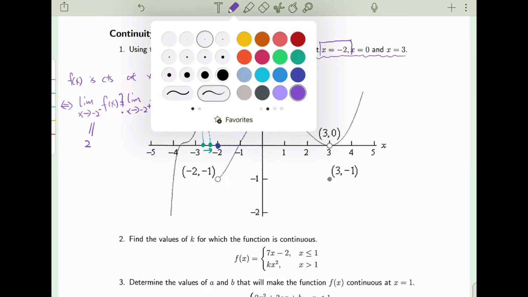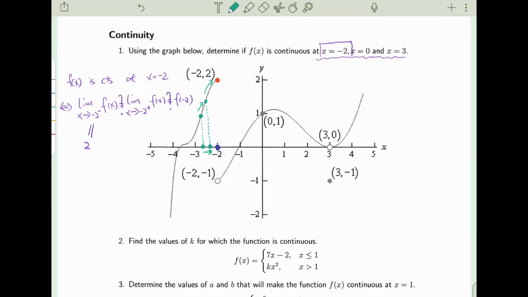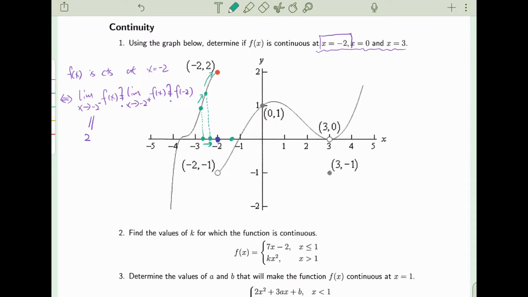For the right limit, I'm gonna choose a point on the x-axis on the right side of the blue point. Maybe here, denoted by the green point. And I'm gonna look up to my curve, which is here, right, to find the corresponding green point.